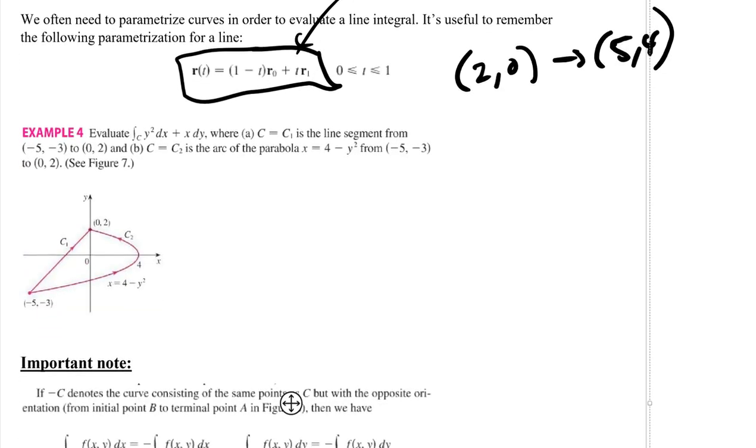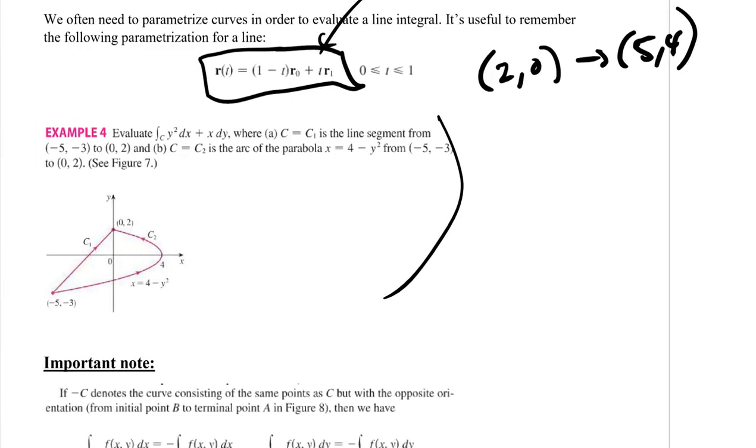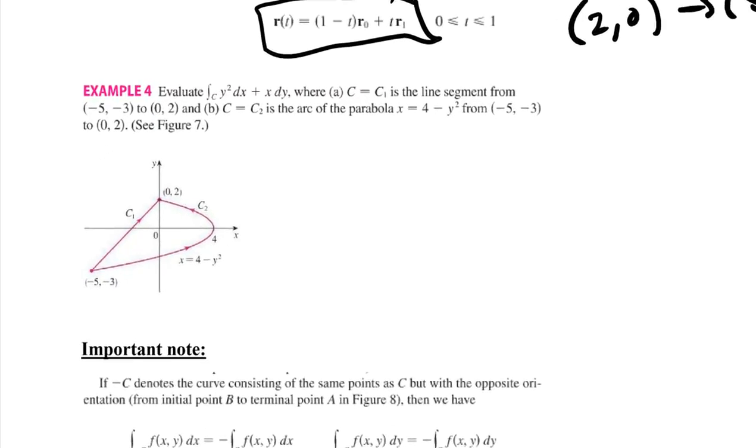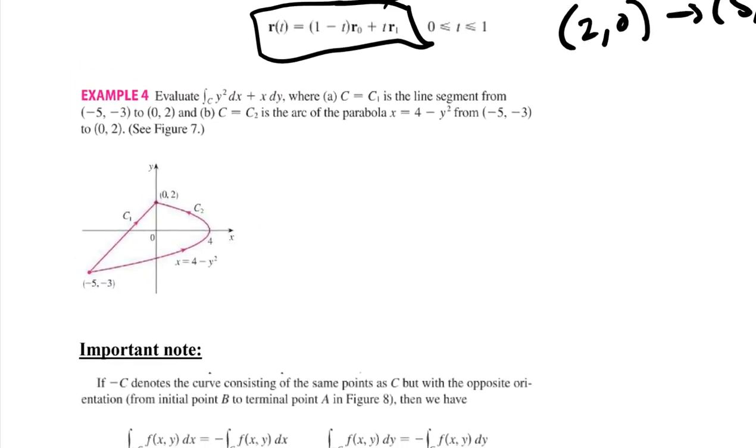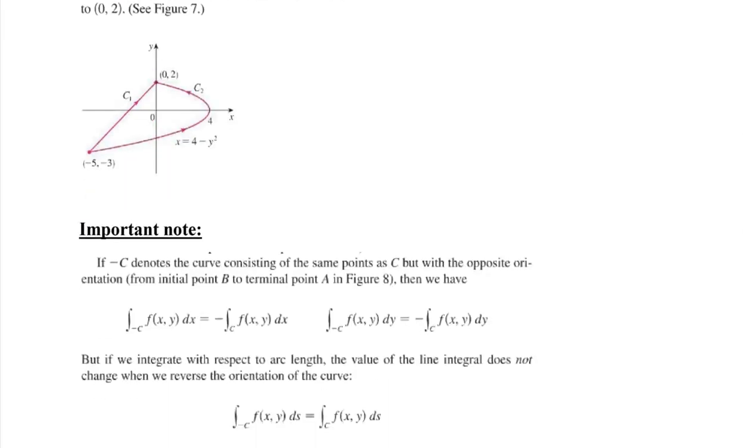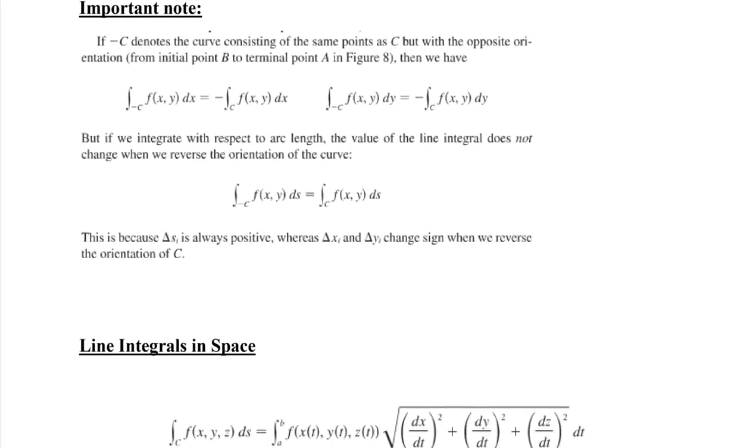The book gives a nice example where you have to do two different integrals. The hard part is that you have to do two, but the easy part later is that we're going to see if the curve has certain features to it. It's going to be much easier, so we'll see that in the next section too.